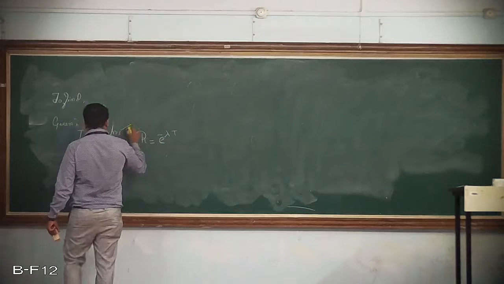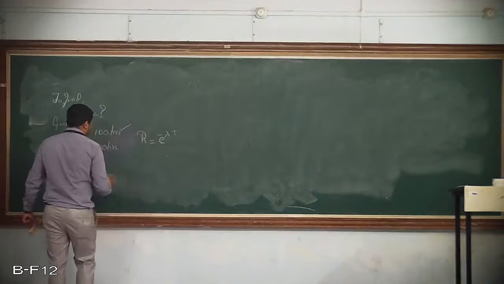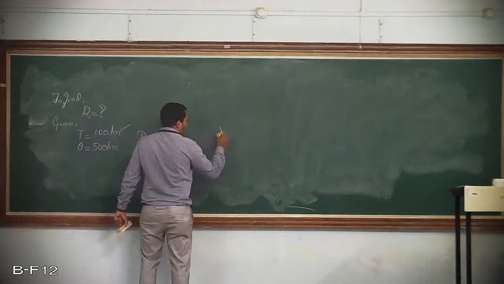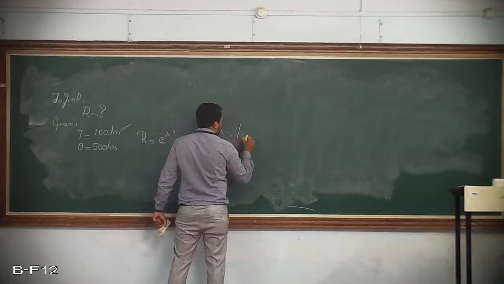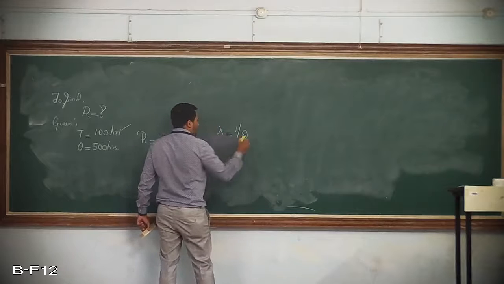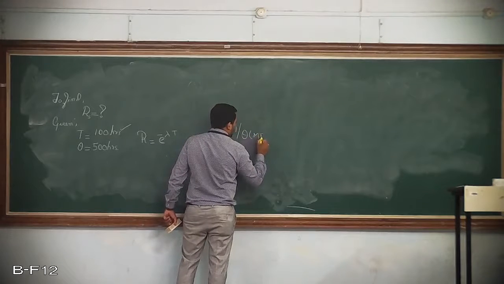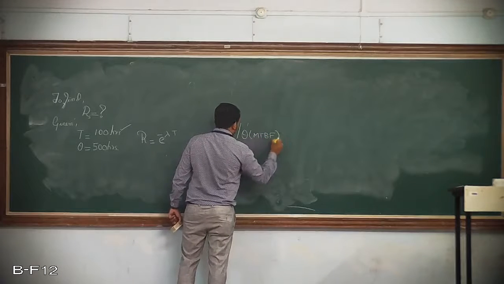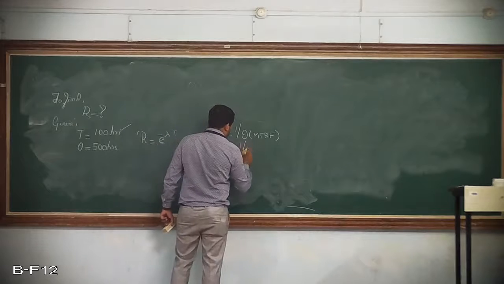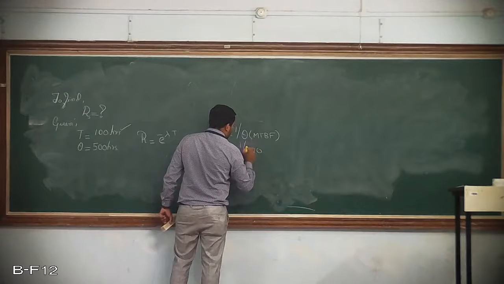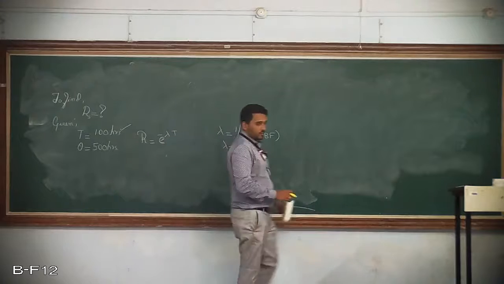Here we know the t, but we don't know the lambda, but we also know that the failure rate is equal to 1 by theta, that is the mean time between failures. Hence this lambda is equal to 1 by 500.